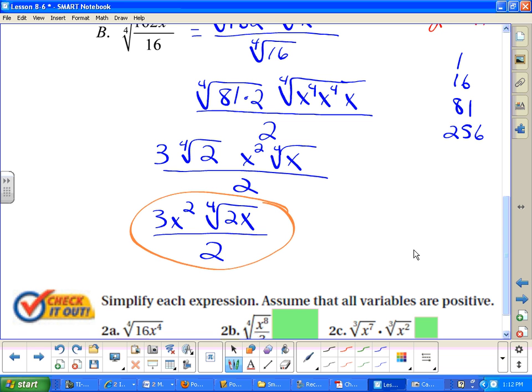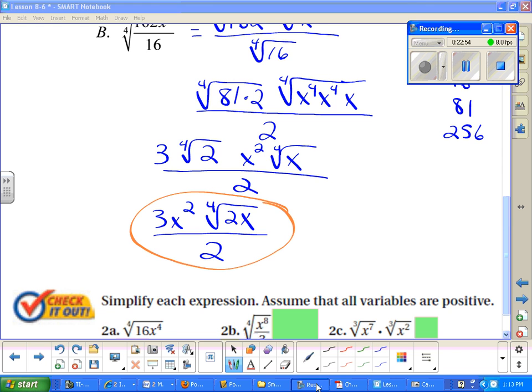So we're trying to find things that raised to the power of the index will give me those numbers, whether it's squared, like we've done earlier in the Algebra 2 book, or cubed or whatever today.